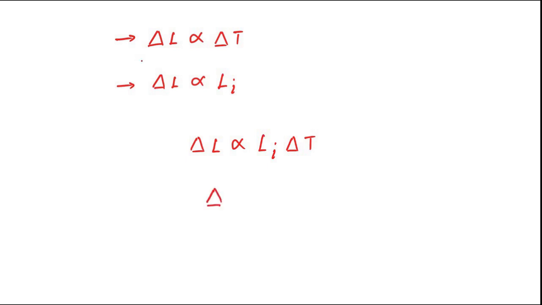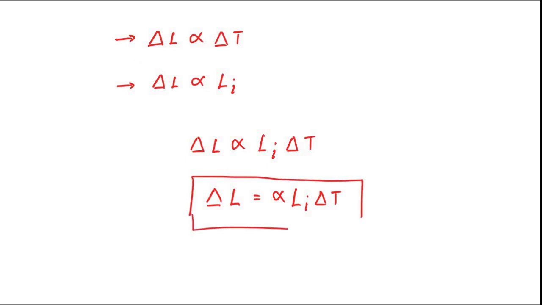So we can write change in length is equal to, including a proportionality constant alpha, alpha Li delta T. This is the expression for linear expansion, where alpha is the coefficient of linear expansion or the linear expansion constant.